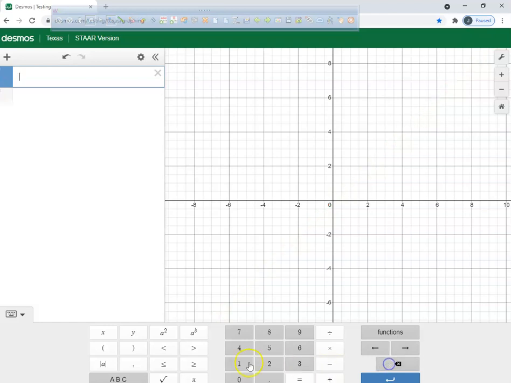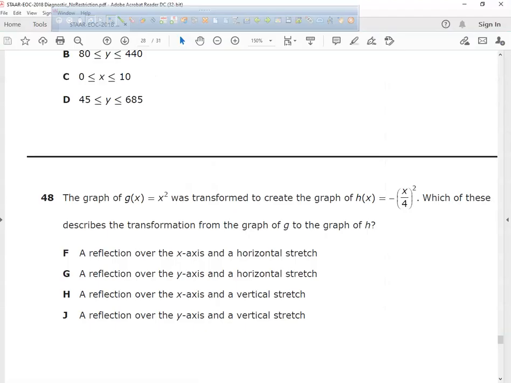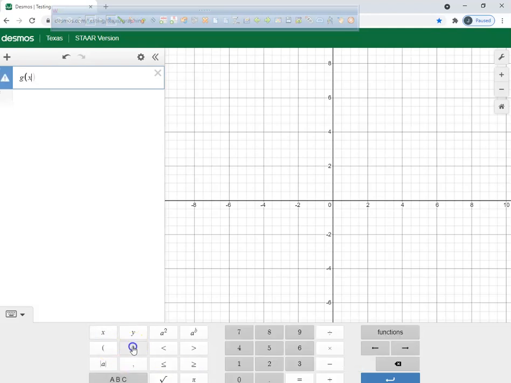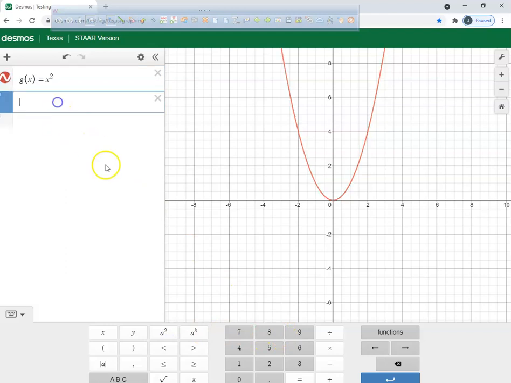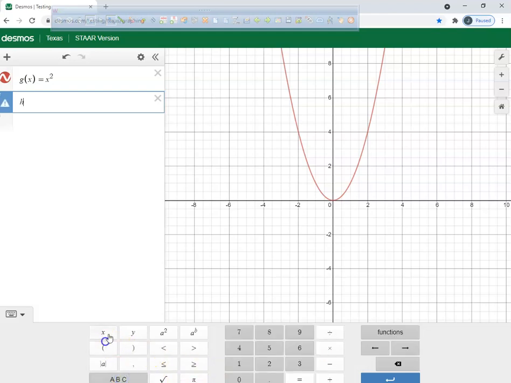All right. Gonna write down, was it f of x? All right, g of x. G of x equals x squared. All right. And what's another one? H of x. Not hx, sorry.